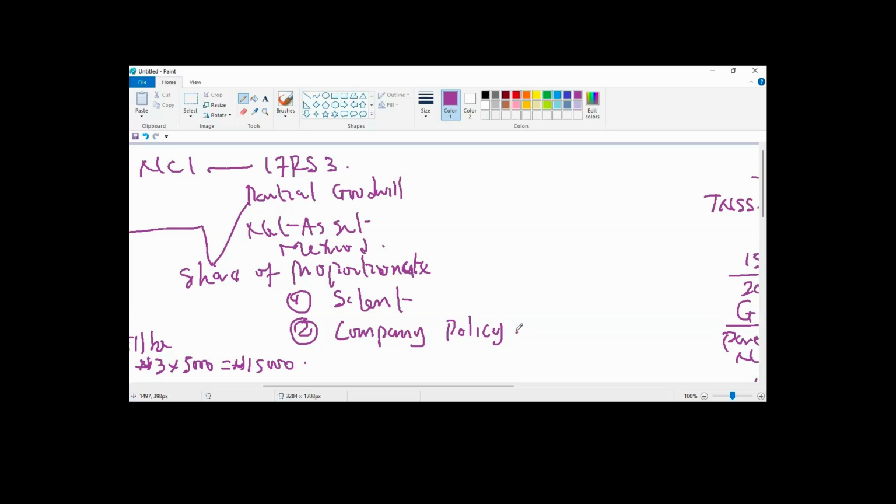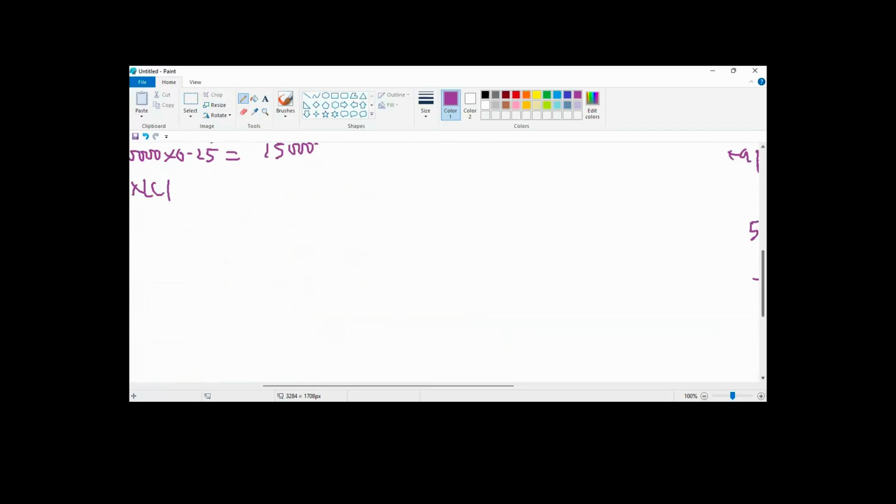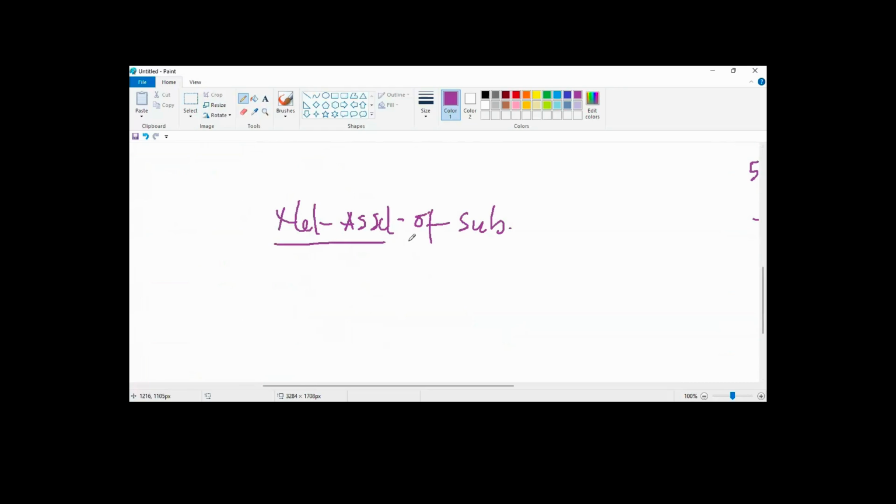What are the equities? Let me show you. Net assets of the subsidiary, they are the equities. Number one of the net assets is share capital.